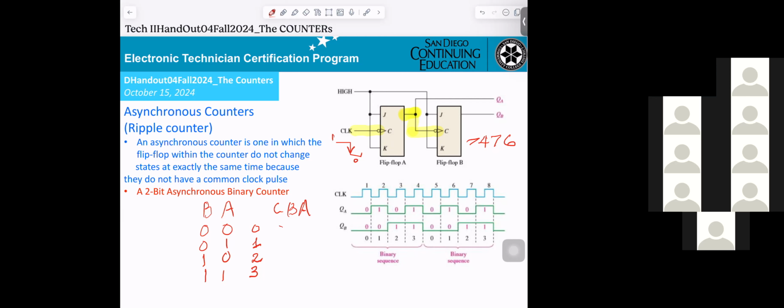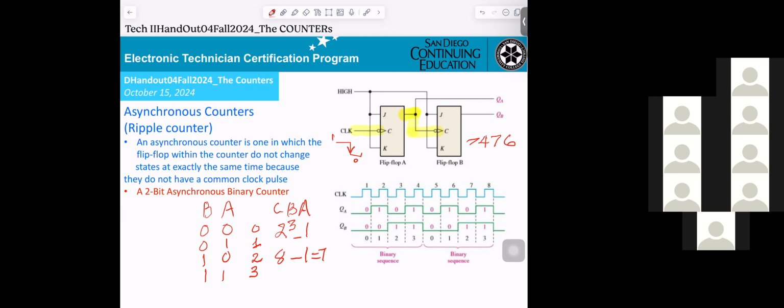You use the formula 2 to the power of 3 minus 1. 2 to the power of 3 means 8, minus 1. So they will be counting 0 to 7. Why do you have to minus 1? The thing is the binary starts from 0. That's the first step. So you get only 8 steps.